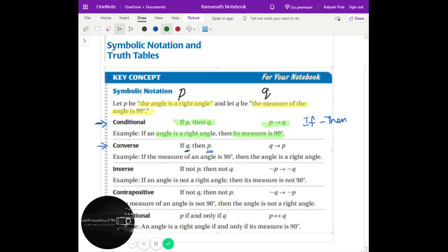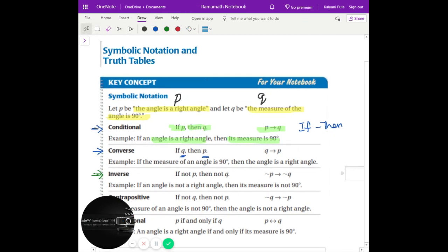Next is the inverse. What do we need to do for the inverse? If you remember, make it negative. That's right. We write the negative of the conditional statement, not of anything else: not P, then not Q. The symbol for not is a little squiggly line, and mathematically it's called negation.